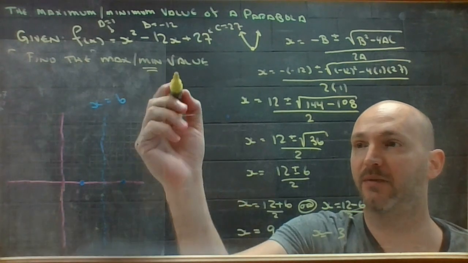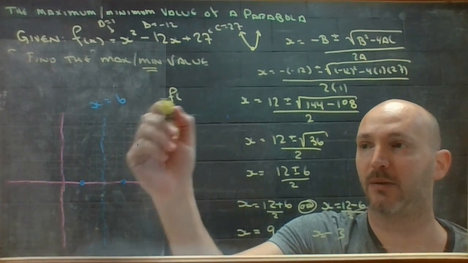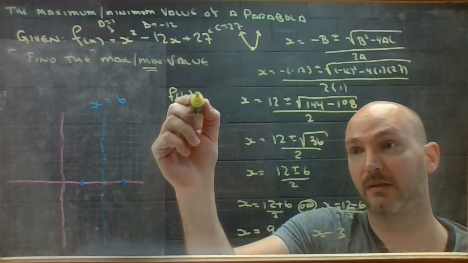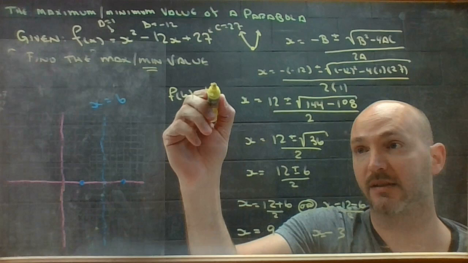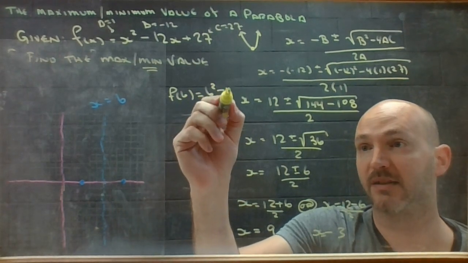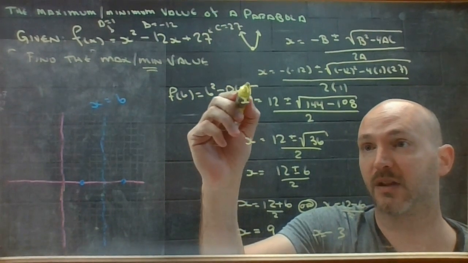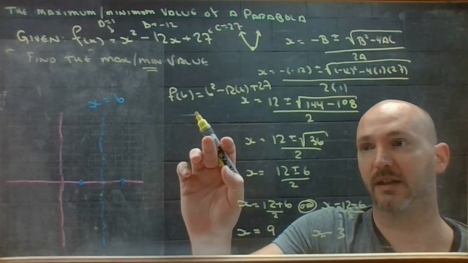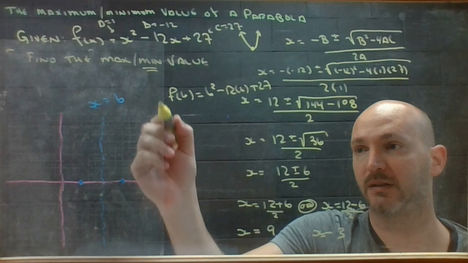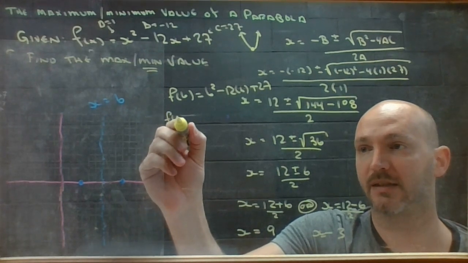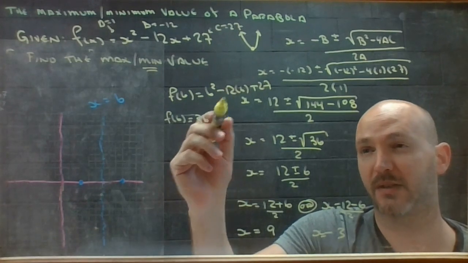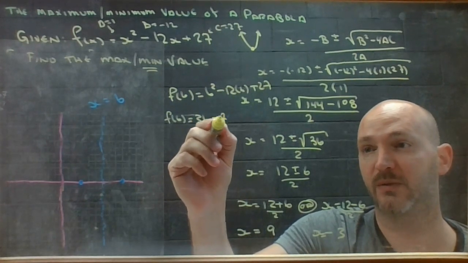So I'm going to take my function and evaluate it at 6, because that's where my axis of symmetry is. So I would end up with 6 squared minus 12 times 6 plus 27. So f at 6: 6 squared is 36. 12 times 6 is 72.